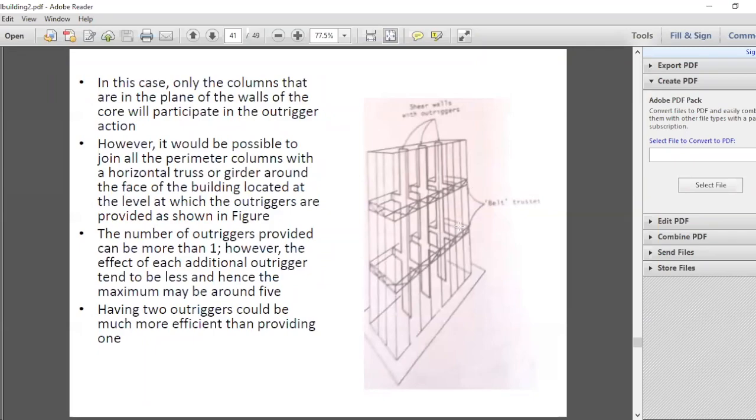So the columns on the outer periphery will be connected by the belt truss, and the belt truss will connect all those to the outrigger. So when the outrigger moves and deforms, the column directly connected to it, simultaneously you will be mobilizing all the other columns in the structure. This way you can actually improve the performance of the building to a great extent.